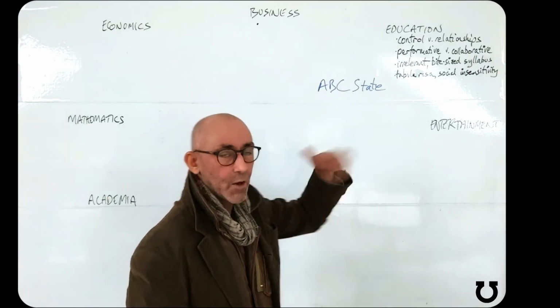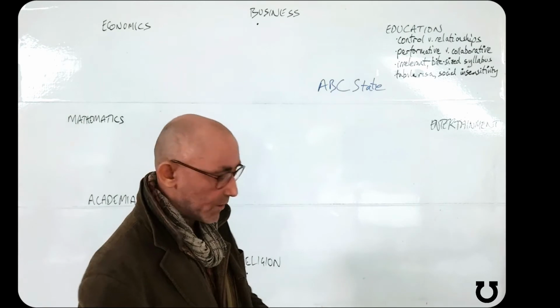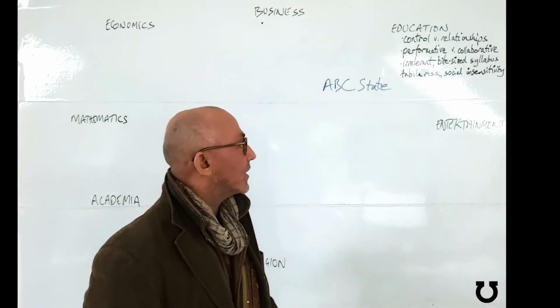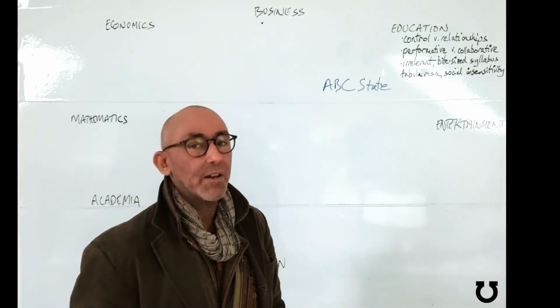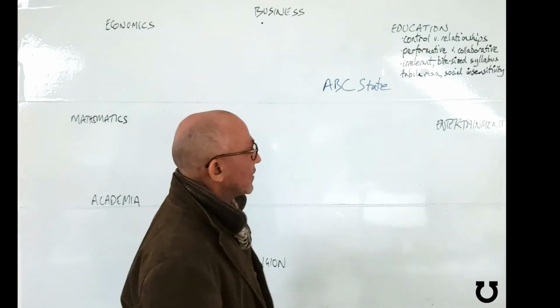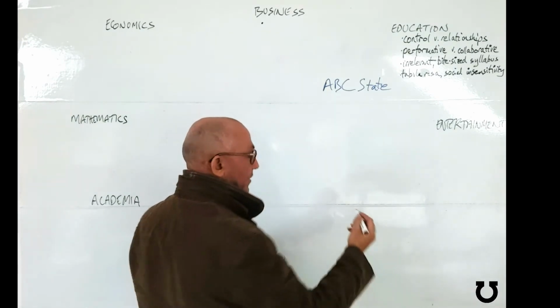This provides the language and the framework for the students to understand what's going on. In order to demonstrate ABC state, or just to try and keep it in our minds, I'm going to simplify it with some images, some icons.